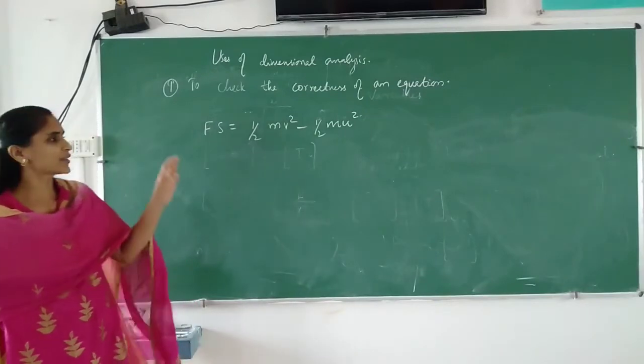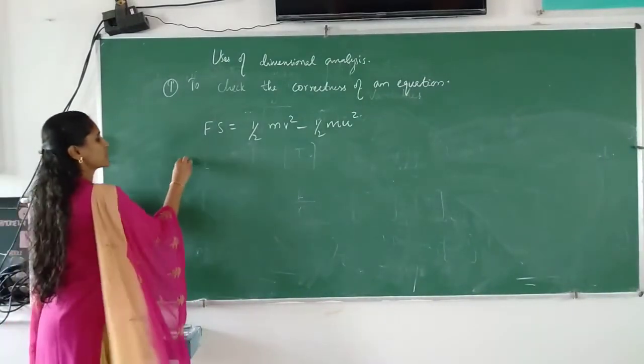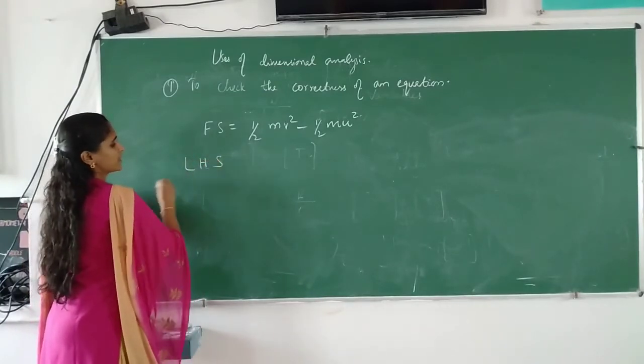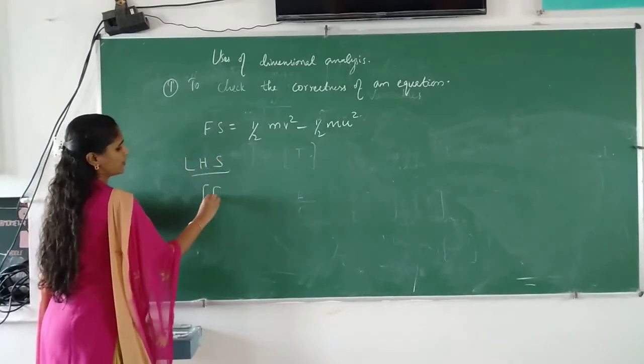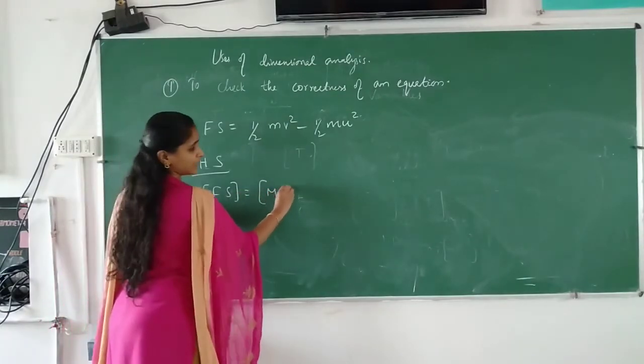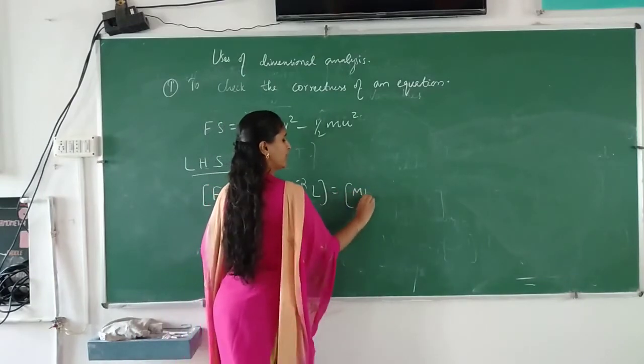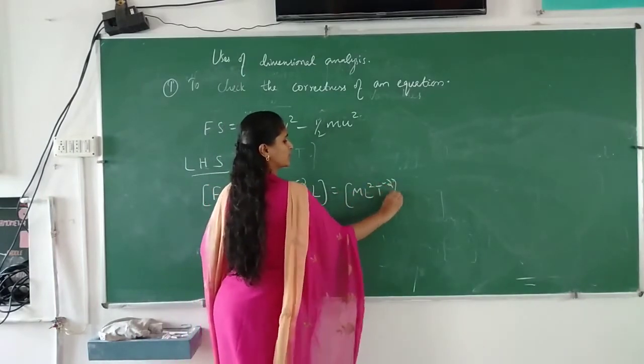You have to check whether the equation is dimensionally correct or not. So start with the LHS part. The dimension of F into S is M L T to the power minus 2 into L, which is M L square T to the power minus 2.